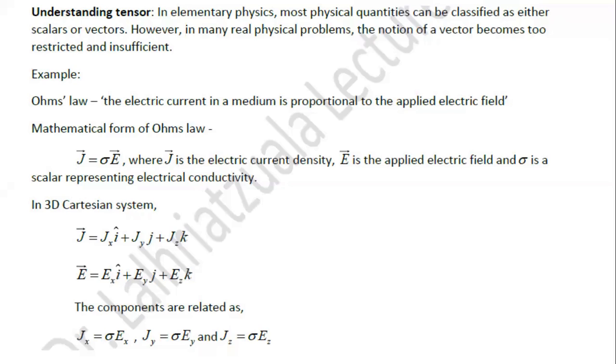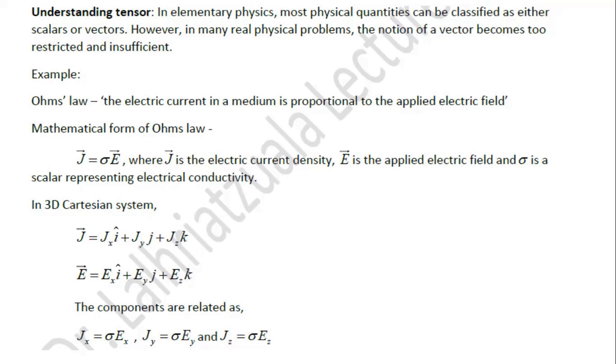Every physical quantity we have encountered so far, we can classify as a scalar or vector. If the physical quantity does not have any direction, then it is called a scalar.